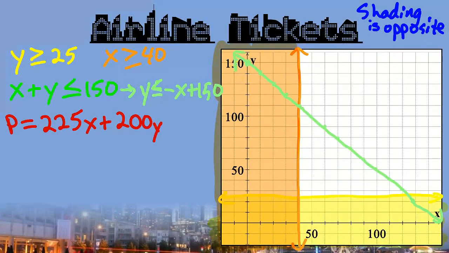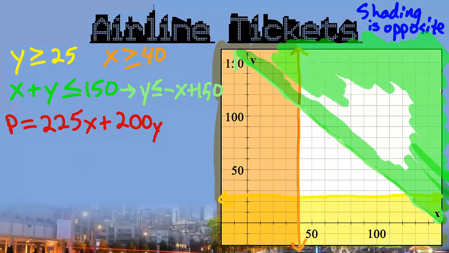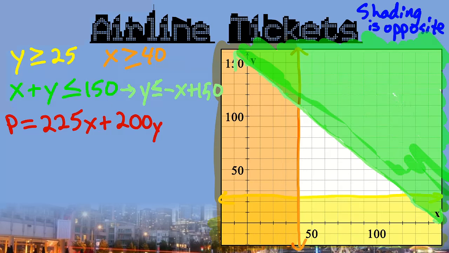All right. And now this is supposed to be y is less than or equal to, so we're going to do greater than again. Because we've done the opposite shading, the solution set is the white part. But you've got to be careful.